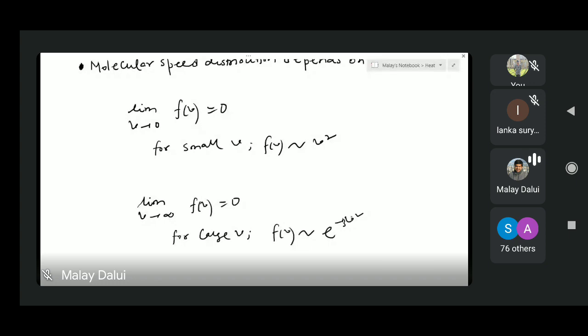Initially the distribution function is dominated by v square, so near the origin it goes as a parabola, then the exponential term takes over and brings it down to 0. So we are looking at something like this.